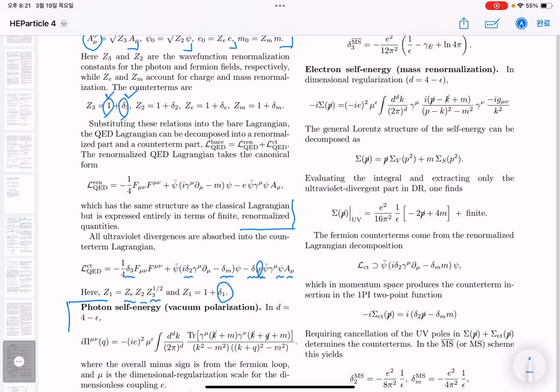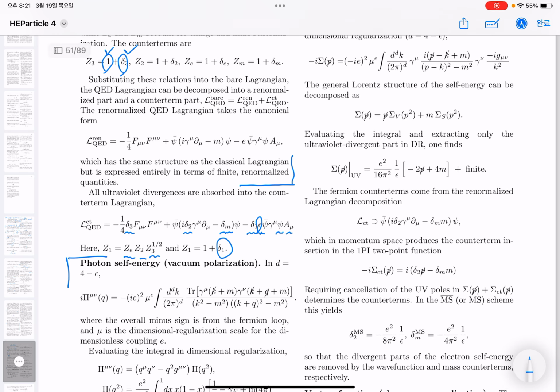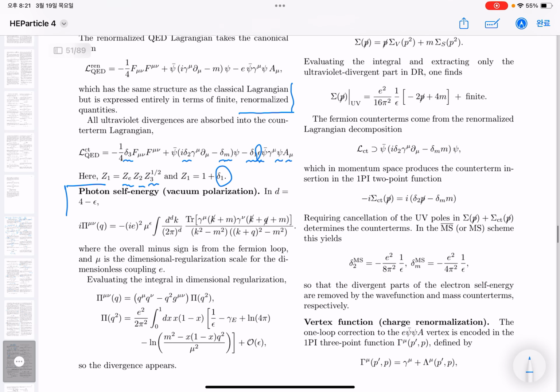The first example is the photon self-energy, also called the vacuum polarization. We'll use dimensional regularization, so that now the space-time dimension is set to be small d, and its deviation from four-dimensional space-time is denoted by epsilon.